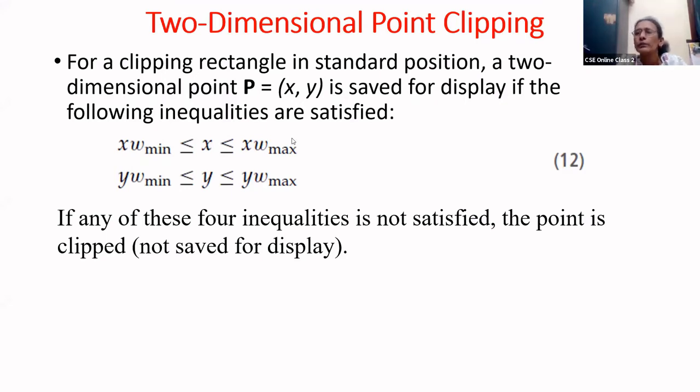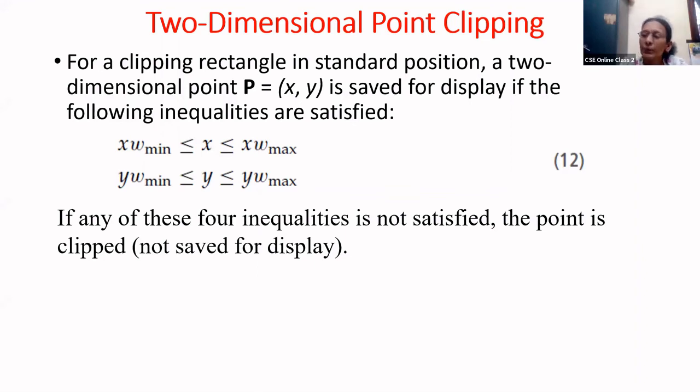So, in order to clip a point, the point's coordinates (X, Y) should satisfy these 4 inequalities: XW min is less than or equal to X is less than or equal to XW max, and YW min is less than or equal to Y less than or equal to YW max.